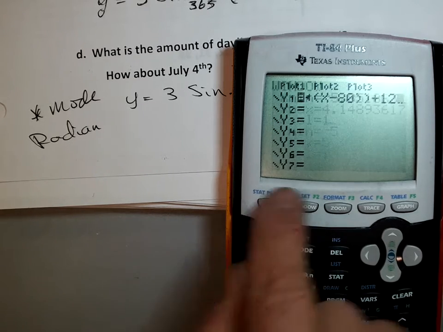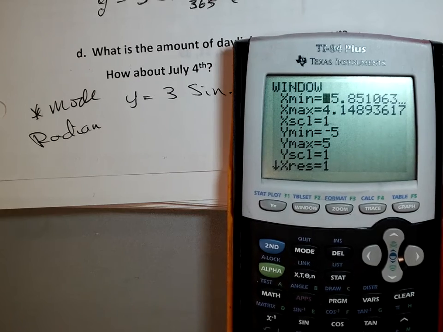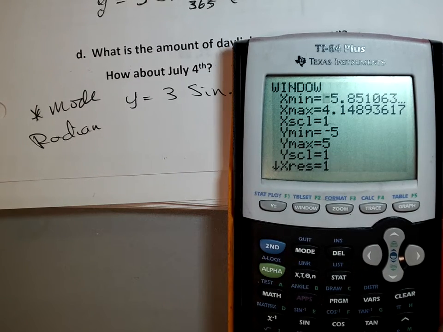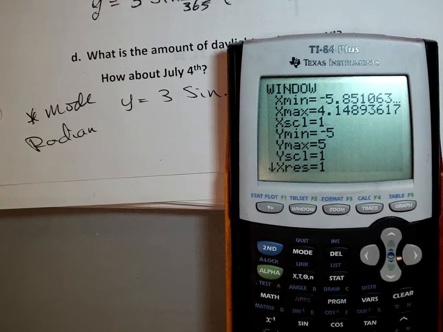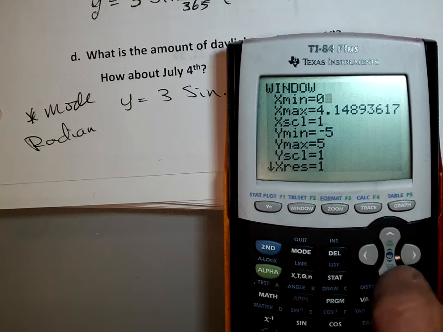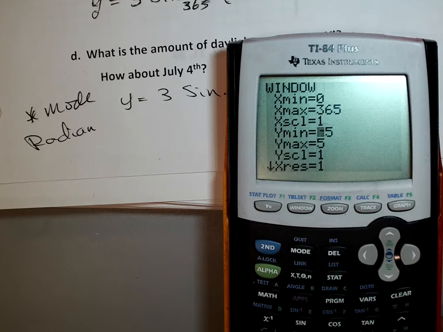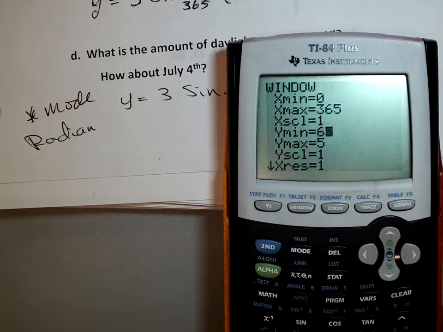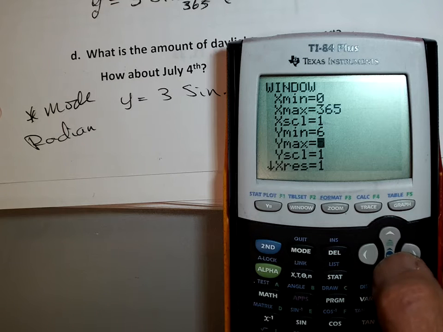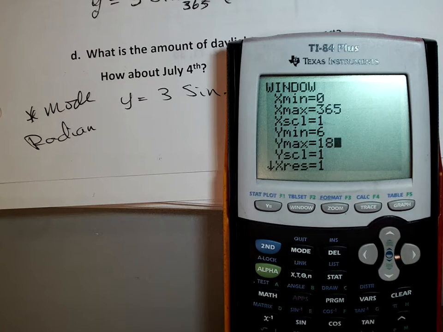Now, window. What's my window going to be? 0 to 365. And this is going to probably go from 6 to, let's make it 18 so we can see the whole thing. So let's graph it.